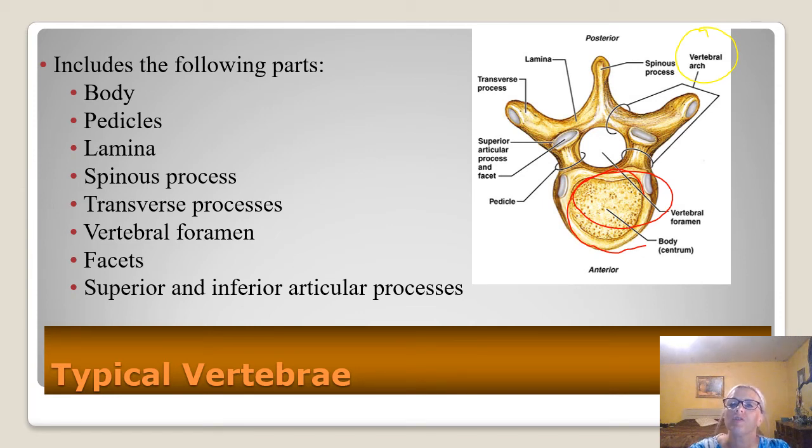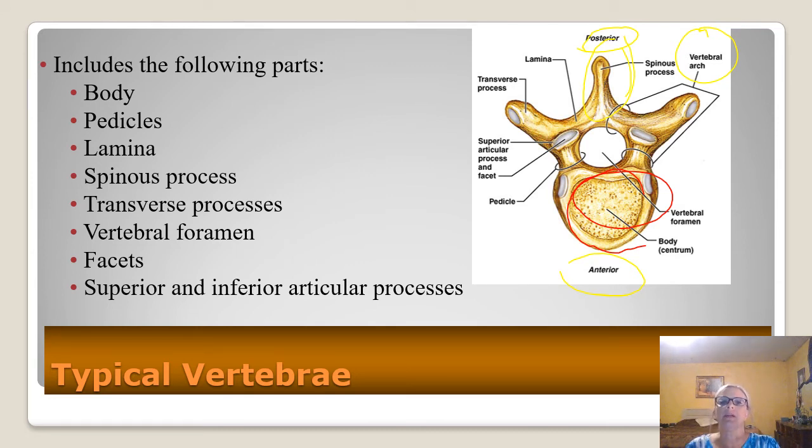Here is the spinous process, and you are looking down at this vertebra. This is anterior, so this is the front of the body, and this is what we feel when we feel the spine. So we're looking down this way. The front is here on the bottom, and the back is here at the top. All right, and so there is the vertebral arch.